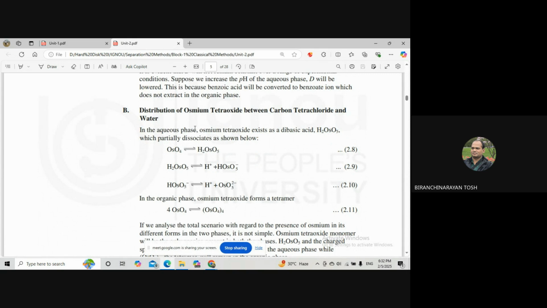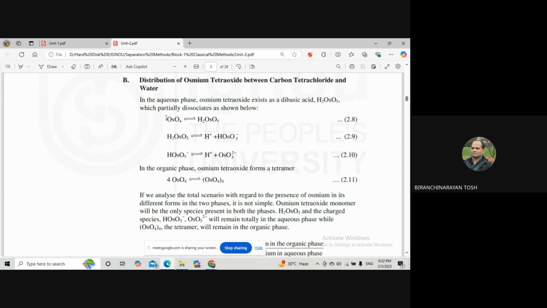Similarly, another example: distribution of osmium tetroxide between carbon tetrachloride and water. Osmium tetroxide, when it reacts with water in the aqueous phase, exists as a dibasic acid, H2OsO5.